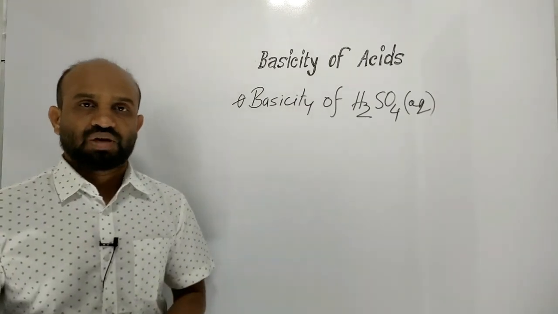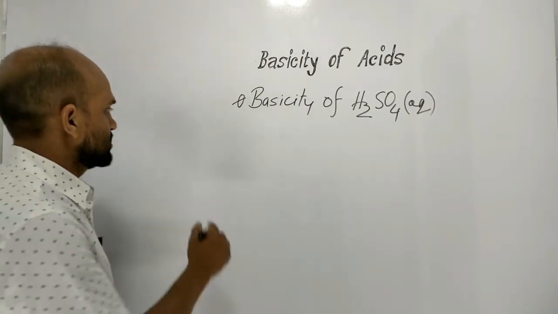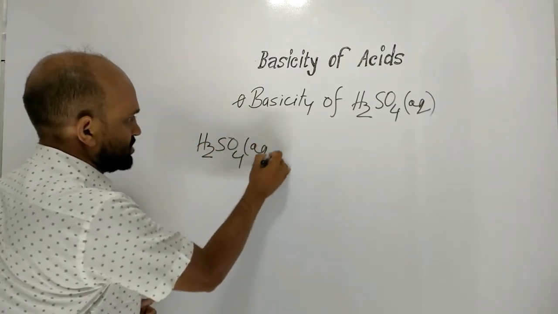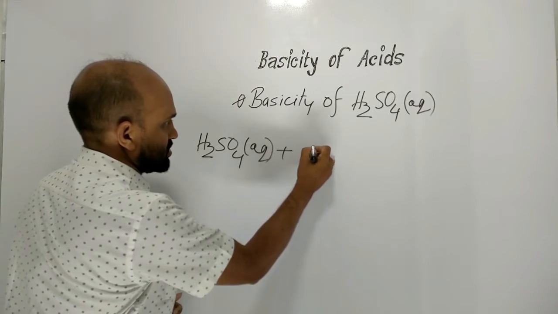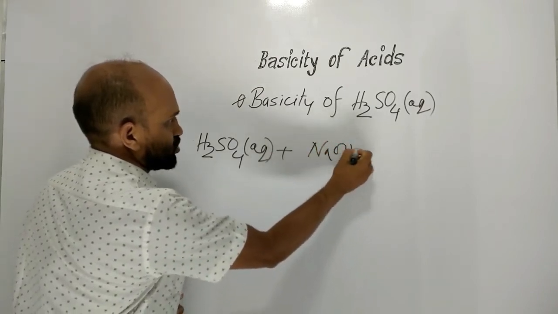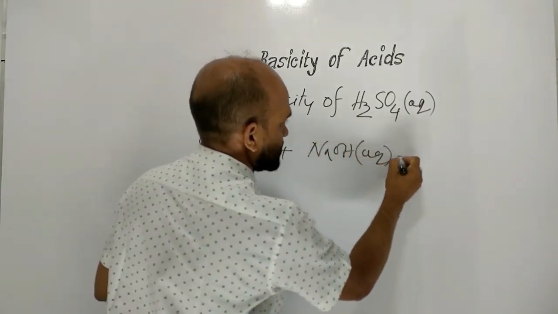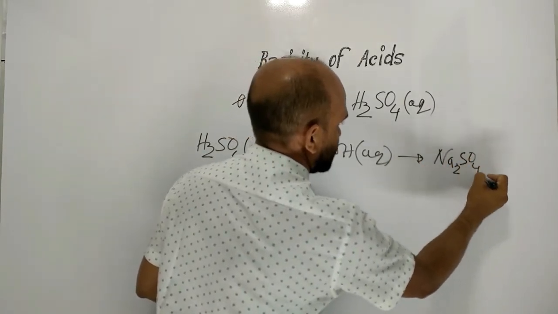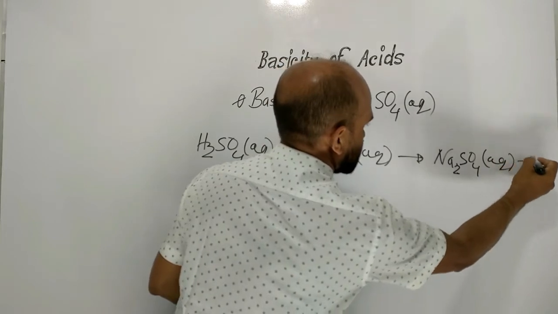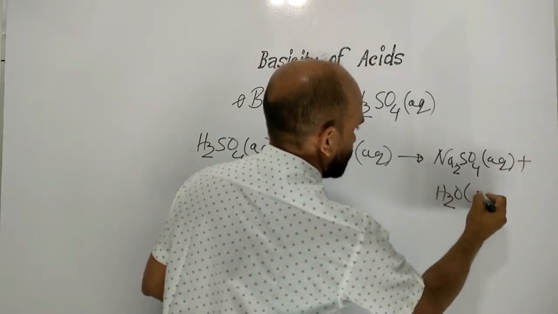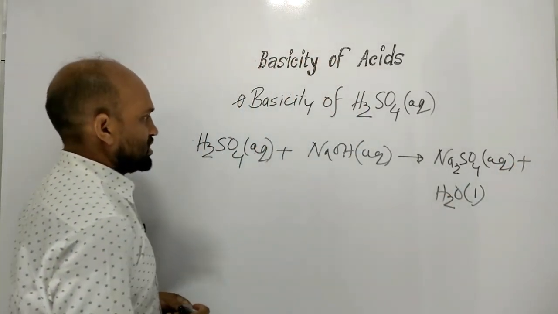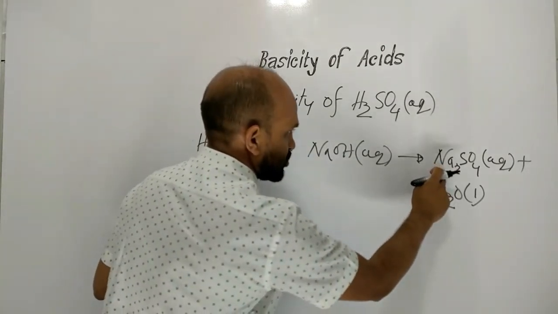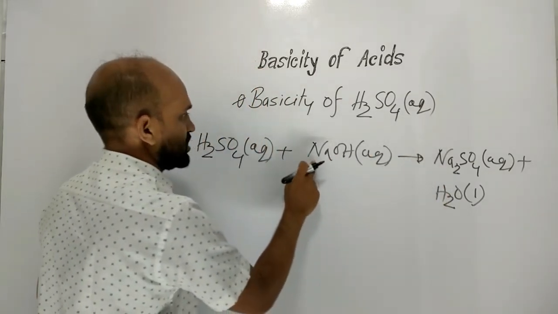Basicity of sulfuric acid. Let's see. Sulfuric acid reacting with sodium hydroxide base forms sodium sulfate and water. If this reaction is balanced, then here sodium 2 atoms, here 1 atom.